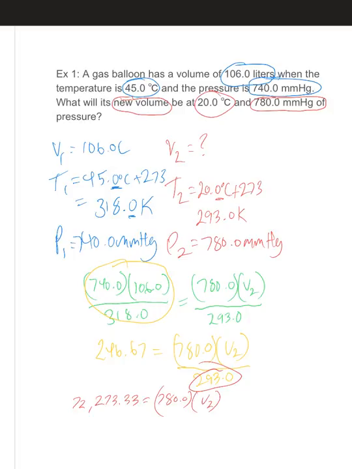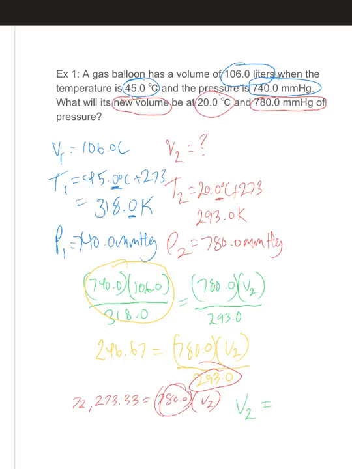And now the last step to get V2 by itself is to divide both sides by that 780. And so when I do 72,273.33 divided by 780, I'm going to get a V2 to be equal to, rounded to 4 significant figures.